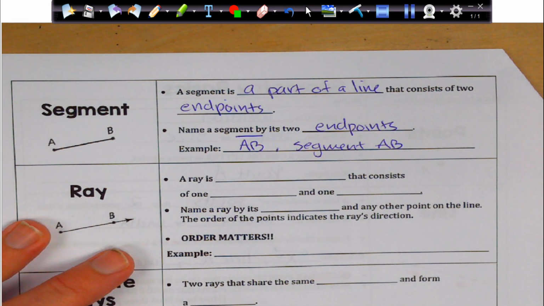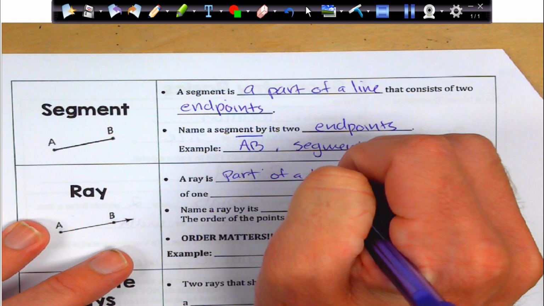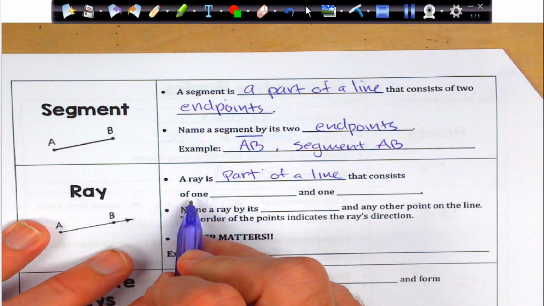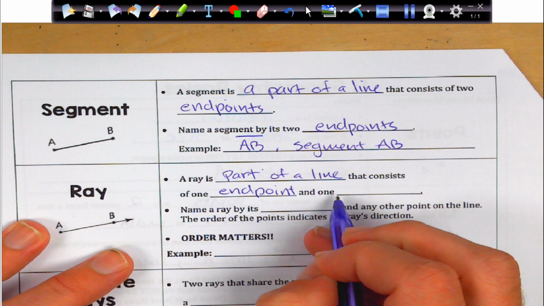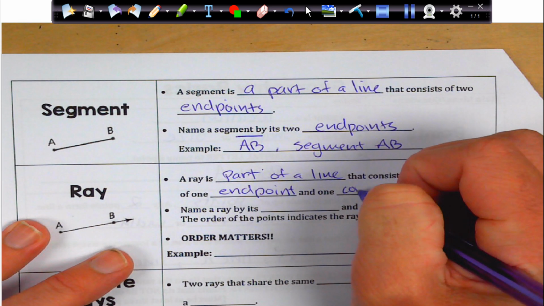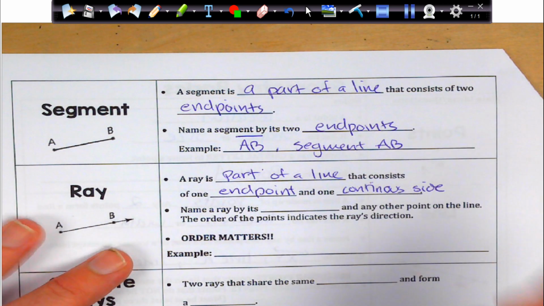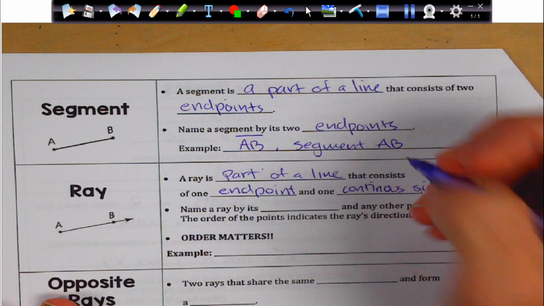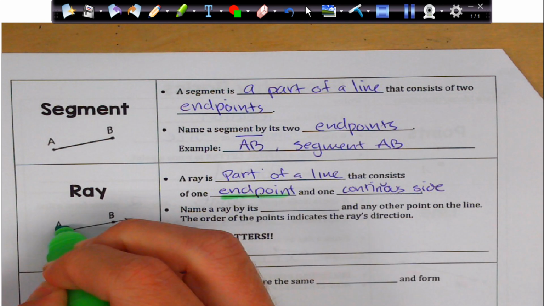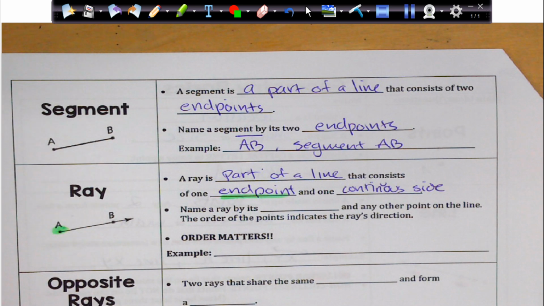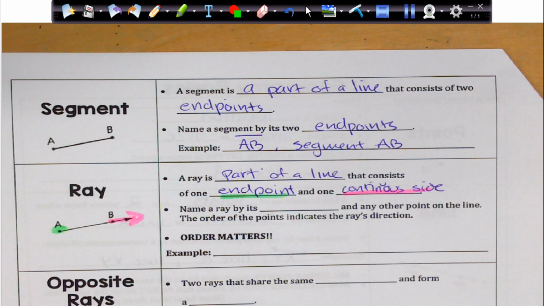A ray is a part of a line that consists of one endpoint and one continuous side. So we have an endpoint right here. That means it ends. But then on the other side, it goes continuously, meaning it's going to go forever in that direction.